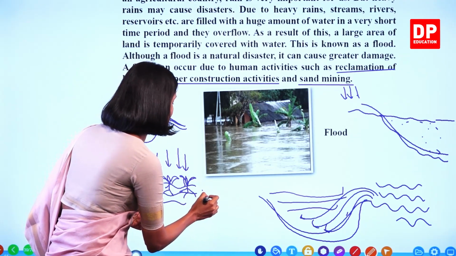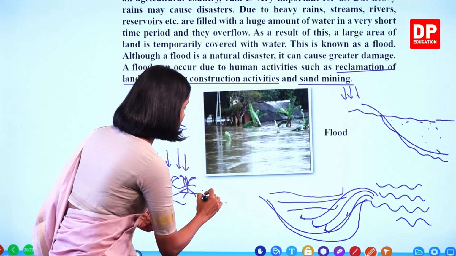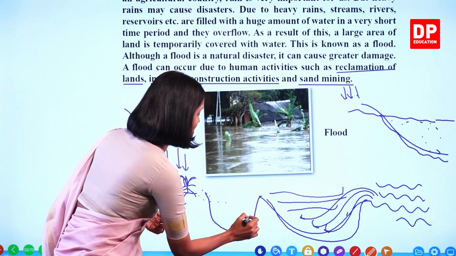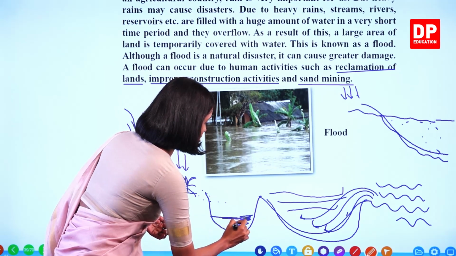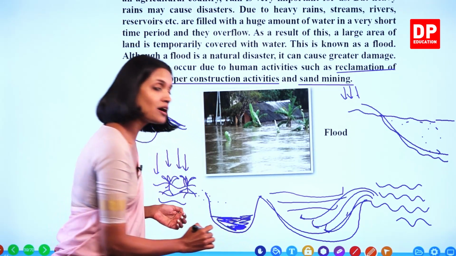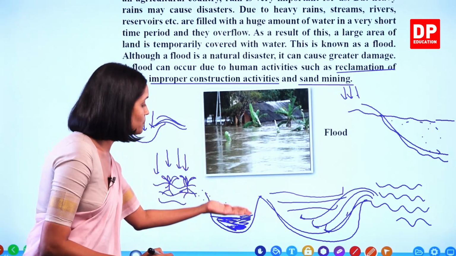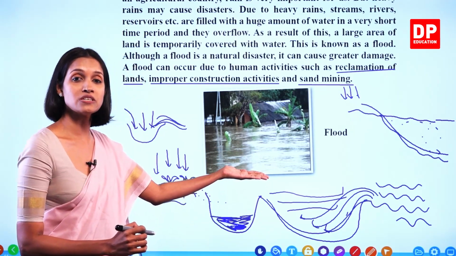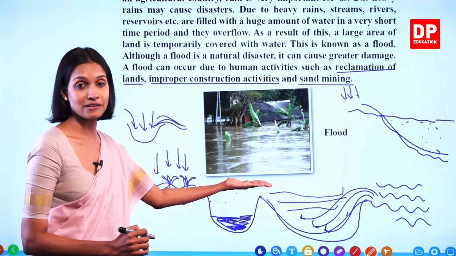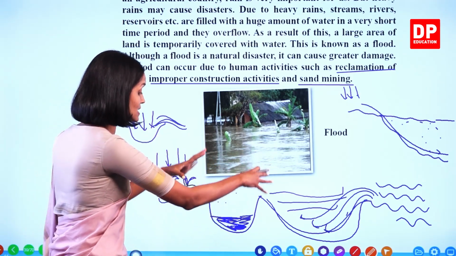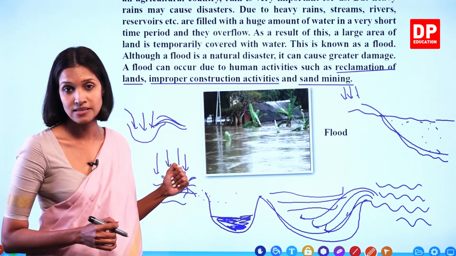The soil will wash away with water and they will get deposited at the river bottoms. Right? Thereby what happens? The depth of the bottom reduces, which means the bottom comes up little by little when more and more sand gets collected at the bottom of the rivers.